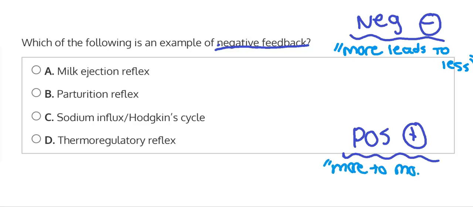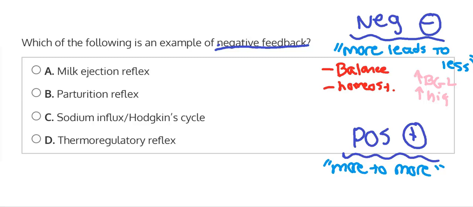More to more. So starting with the negative feedback loop, the whole idea is to bring everything to balance, to homeostasis. If something is out of the ordinary, the body wants to bring it back to baseline, to stability. If your blood glucose is elevated, or your temperature is high, your body will work to bring you back down to baseline.